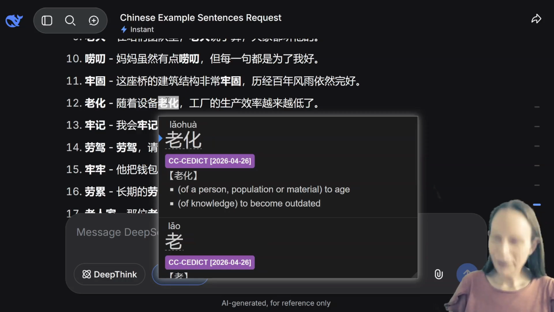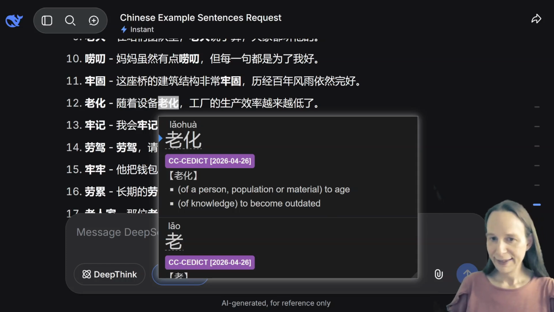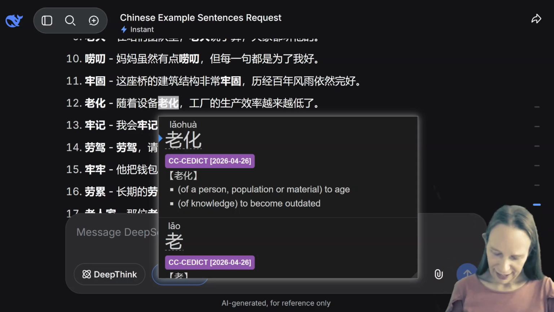Is that really a word? Yeah, the dictionary basically says this. 橡胶、塑料等在光、热、空气、机械力等的作用下变得黏软或硬脆. So it's just material physically aging. And number 2 is 年龄老或变老.